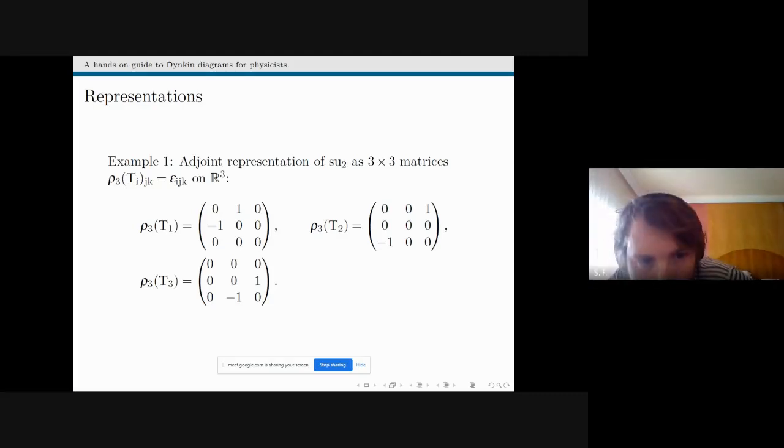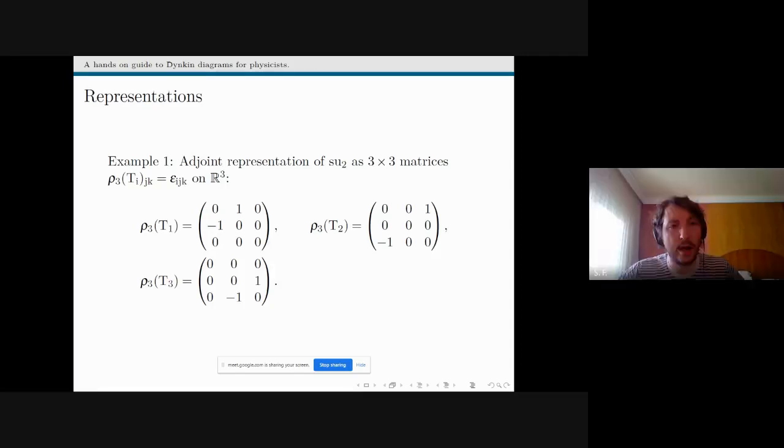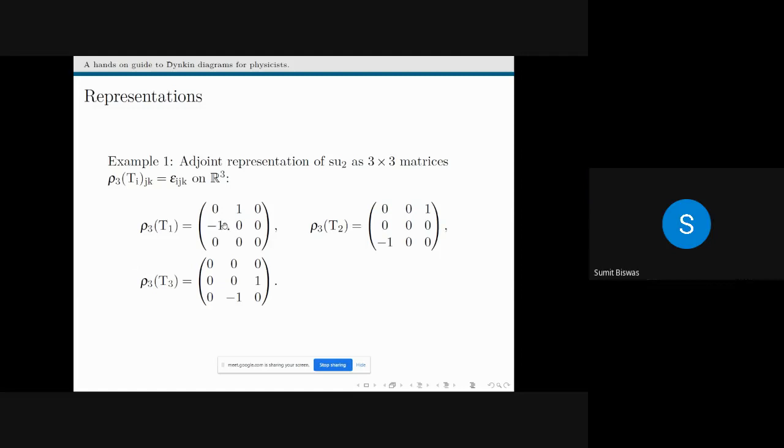I mean, according to the definition, rho 3 T_ijk is equal to epsilon_ijk. Then rho 3 T1 should have non-vanishing elements in the 2,3 and 3,2 positions. I mean, 1 and -1 should be in the 2,3 or 3,2 position, right?